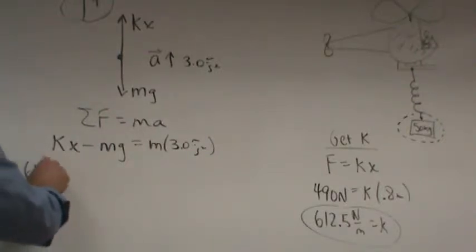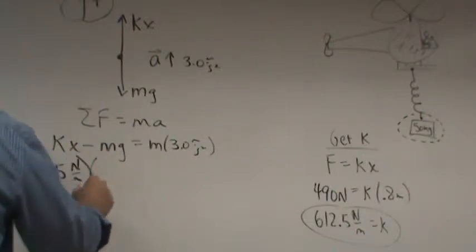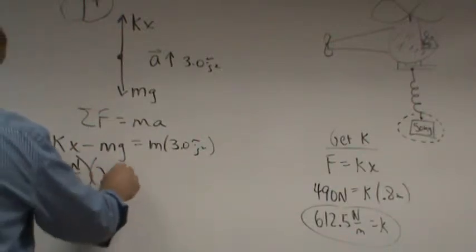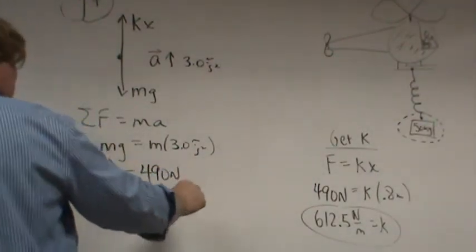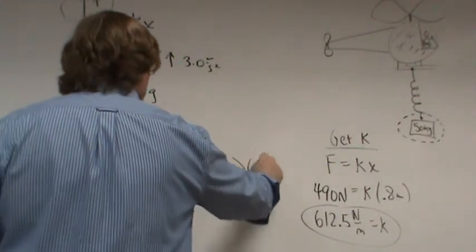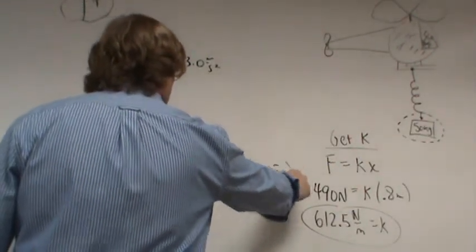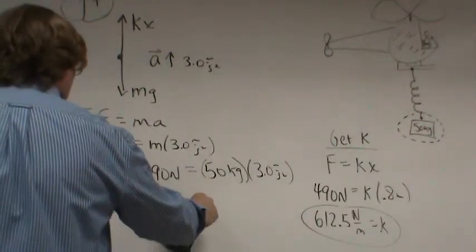My K is 612.5 newtons per meter. Whoa. My displacement, I don't know. My weight is 490 newtons. This is 50 kilograms times 3 meters per second squared. And I solve for x and I get about 1.04.